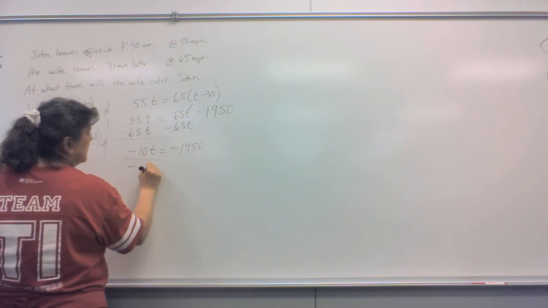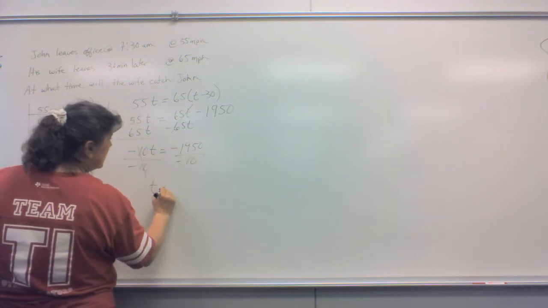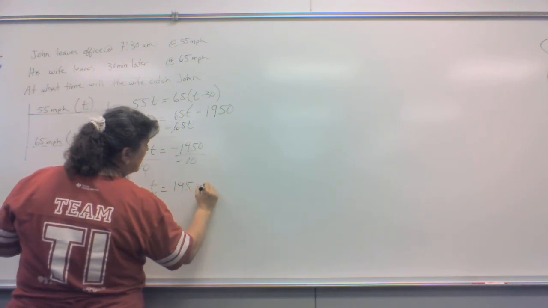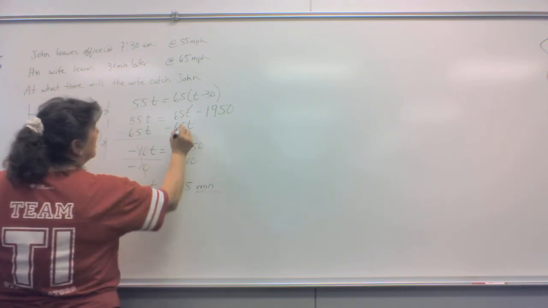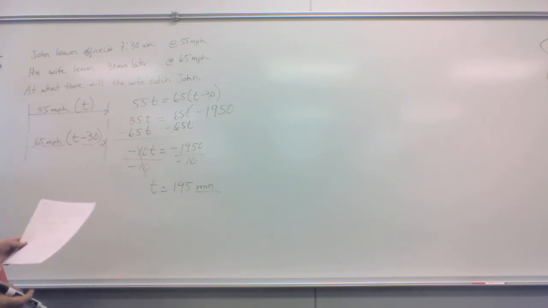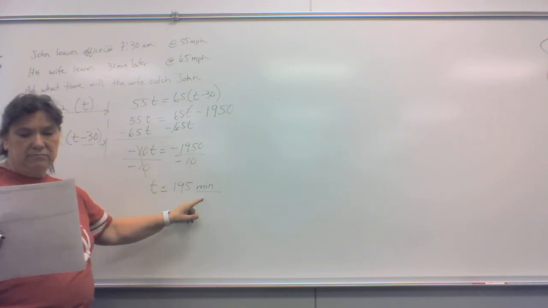Divide by negative 10, and I have t is equal to 195 minutes. Why? Because my 30 is in minutes. So my miles per hour canceled, and I ended up with minutes.